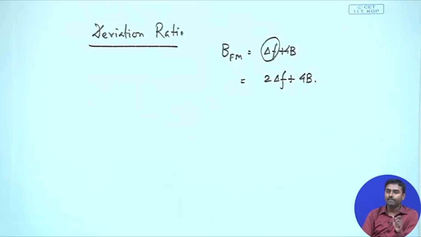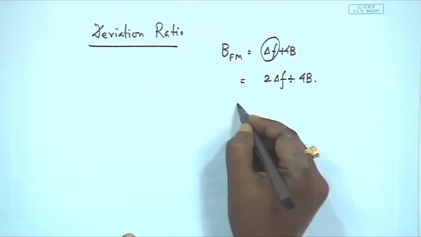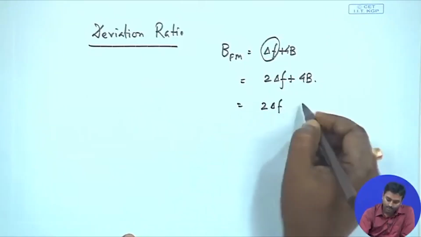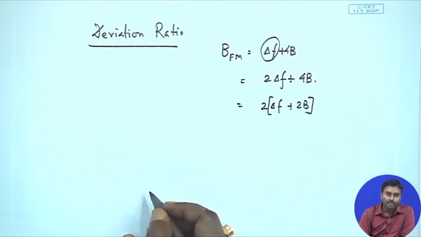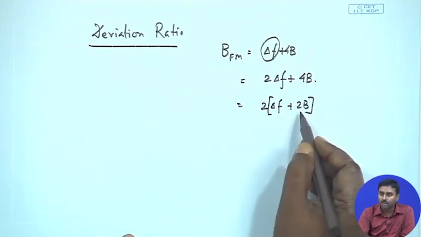If the del f definition is not the entire deviation, it is just from the center, omega c, how much in the positive half and how much in the negative half it goes, then it becomes this, or we can write 2 del f means 2 into del f plus 2b, and we have said that it may be not 4b, it may be 2b.